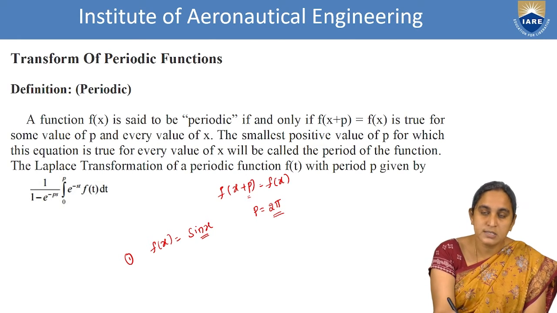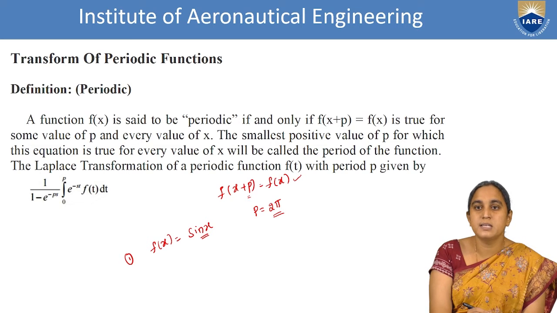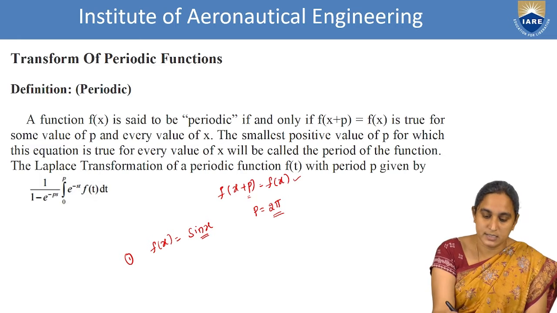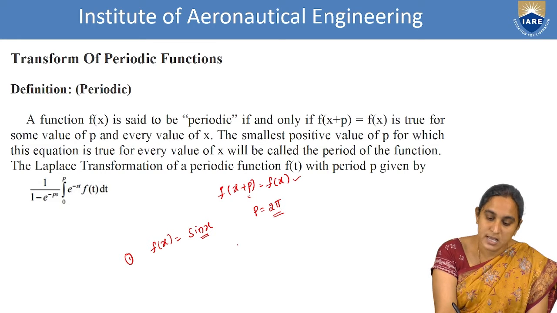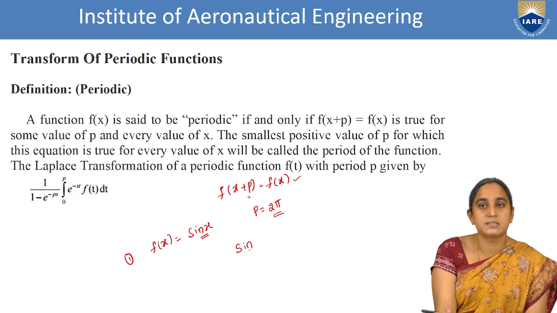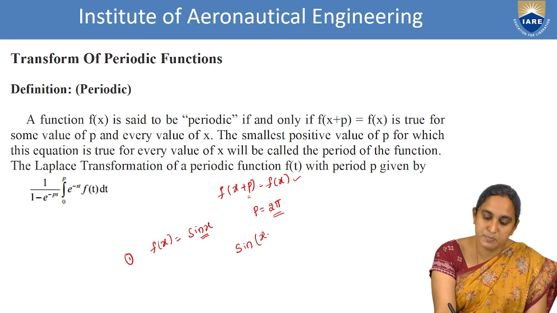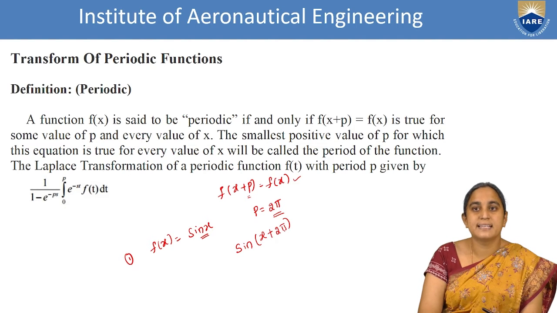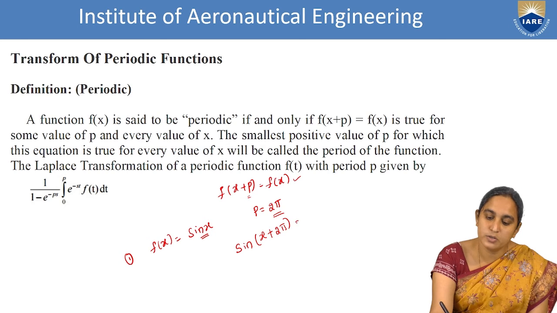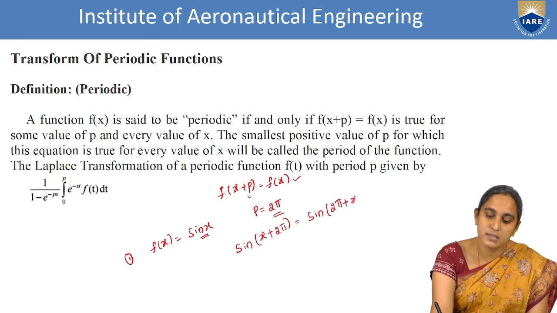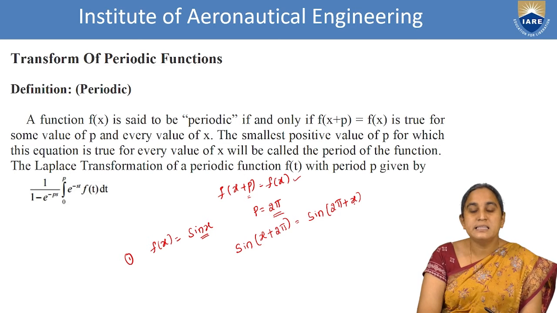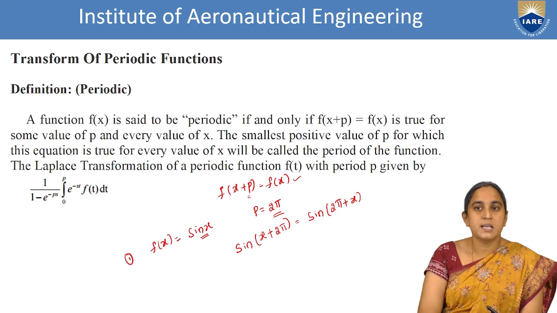What is the definition of the periodic function? f of x plus p is equal to f of x. Now I'll substitute: the function is sin x, so sine of x plus 2 pi, that is equal to sine of 2 pi plus x, sine 360 degrees plus x.